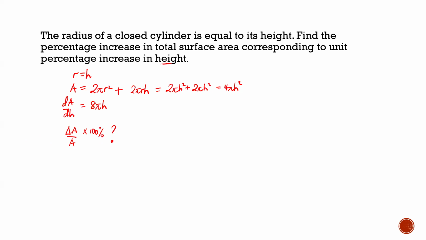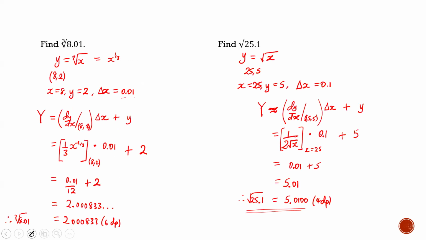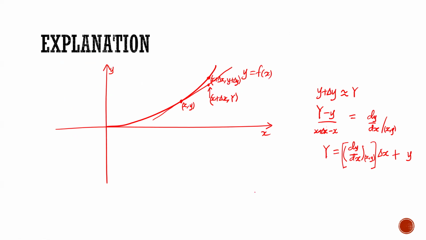But how do we get delta A? Now, when we come back to this, delta A in this case is what I'm going to relate to this part. Now this part here is the approximate change in y. We get that the change in y from our estimation is going to be this part here, which is given by dy/dx times the change in x.